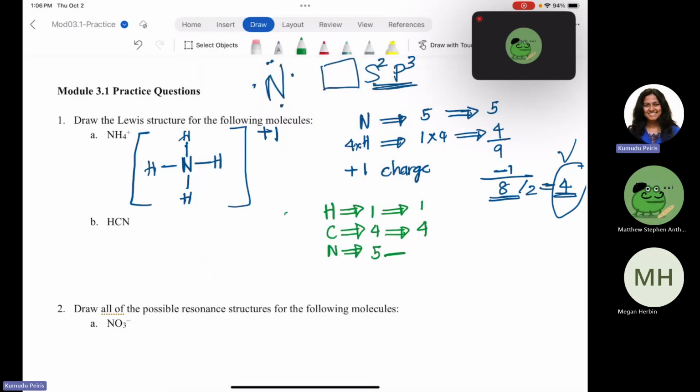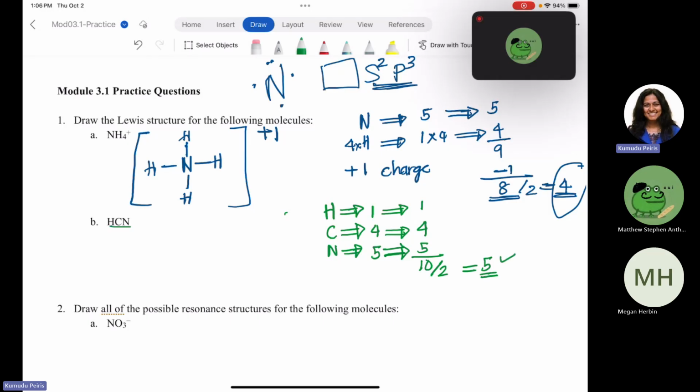So altogether, there are 10 valence electrons. There are no charges, so that's the total. Then I divide that by 2 to find the number of electron pairs, and I get 5. So in this molecule, I should have 5 electron pairs.